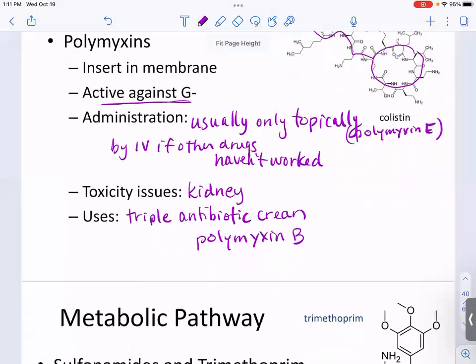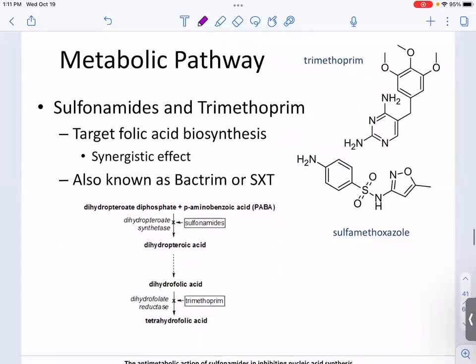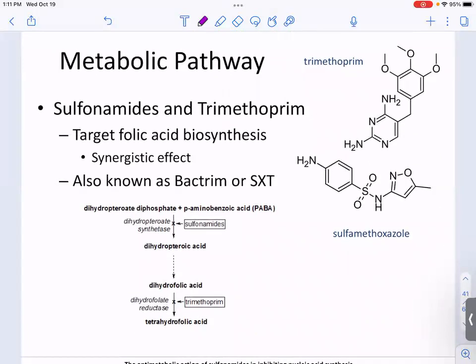All right, lastly, there's a big class of drugs called sulfa drugs that inhibit a metabolic pathway of bacteria. They're called sulfonamides. The way they work is to target folic acid biosynthesis. Don't memorize this pathway, but basically one of the substrates in this pathway is called PABA, or para-aminobenzoic acid.